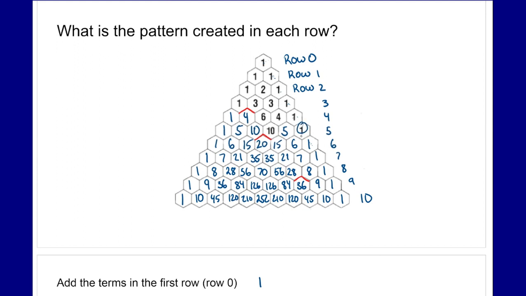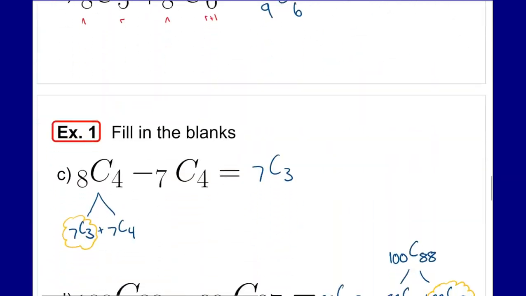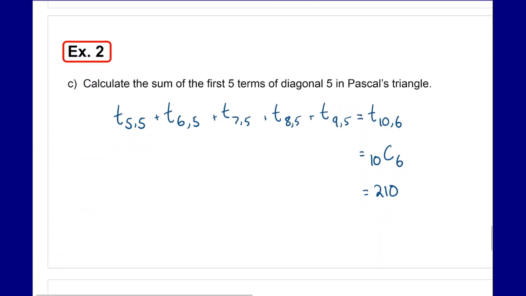Starting here, so this position plus this one, and it gives us one that is just off, which is over here, which was the answer that we got. So again, just different ways to find specific values within Pascal's triangle.